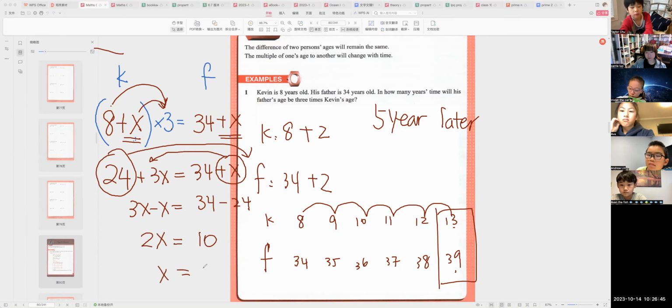So X equals 5. Okay, get it, everybody? Yep.